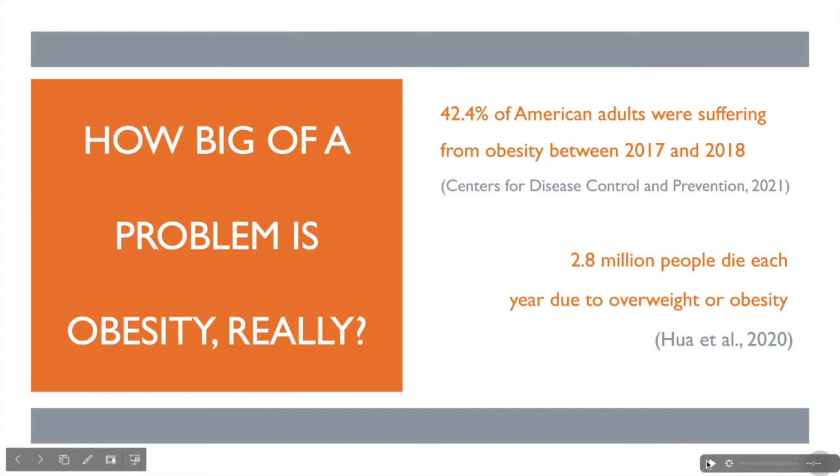We just took a look at the diseases that can be caused by obesity, but how big of a problem really is it? It was said that 42.4% of American adults were suffering from obesity between 2017 and 2018, and that was said by the CDC. Now, I have a hard time believing that number, right? That nearly half of American adults are suffering from obesity.